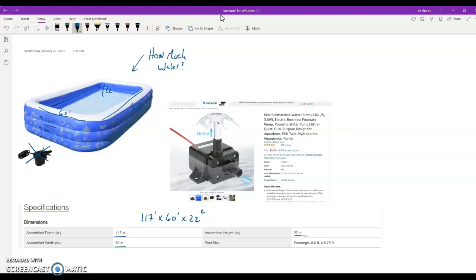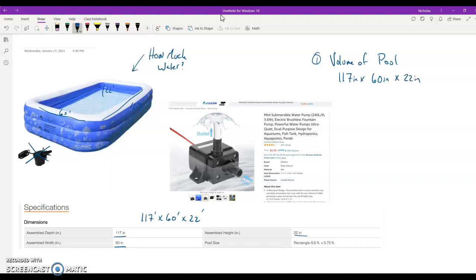So let's figure out how much water is in this pool. Well, to figure that out, we're going to need to know what the volume is of this pool. So to find the volume of the pool, it's going to be 117 inches times 60 inches times 22 inches.